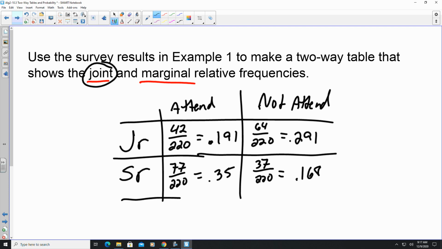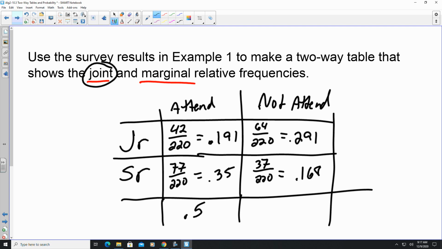To find marginal relative frequency, you're just going to add up the decimals together. So 0.191 plus 0.35 is 0.541. All right. 0.291 plus 0.168 is 0.459. Now remember that these should add up to 1. So when you add those together, do you get 1? Yes, you do.